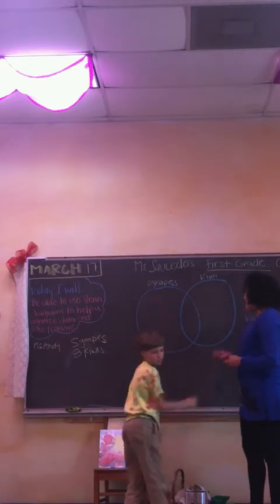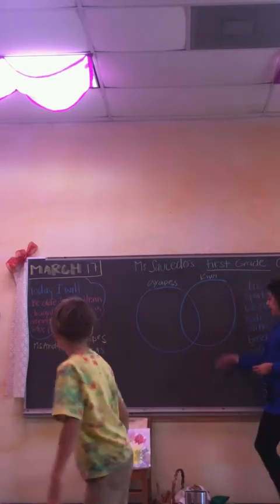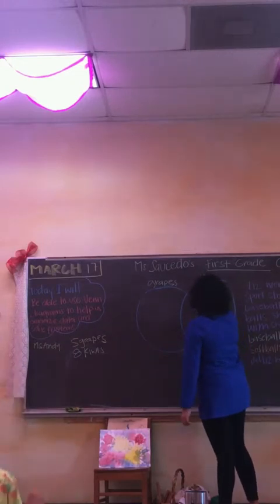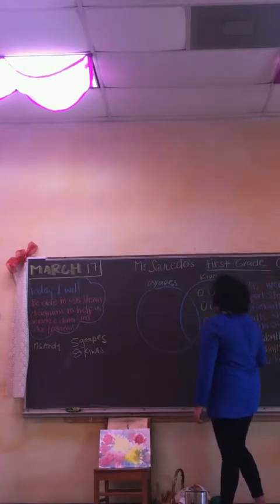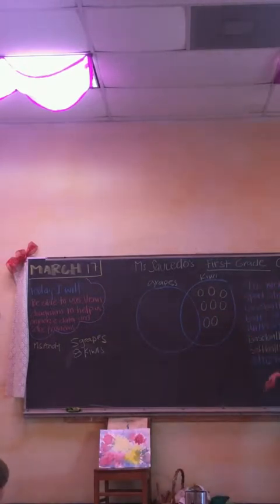Okay, perfect. And then she bought 8 kiwis. So I'll draw the kiwis. 1, 2, 3, 4, 5, 6, 7, 8. So here it goes, 8 kiwis.